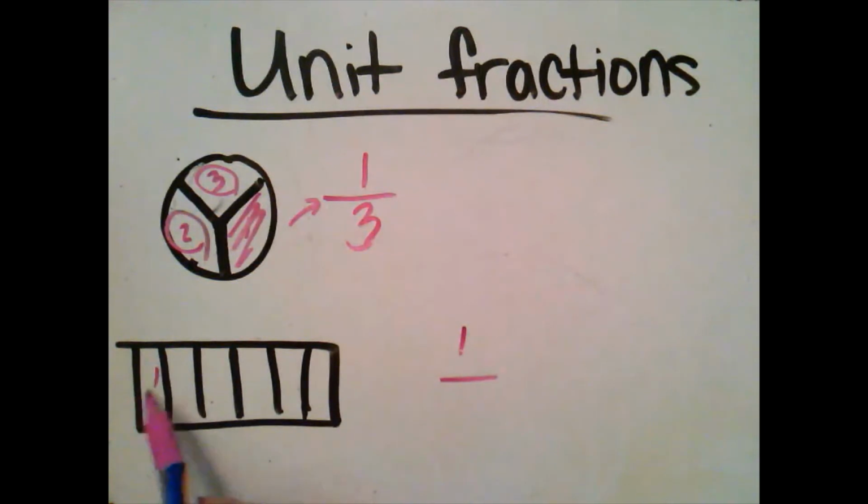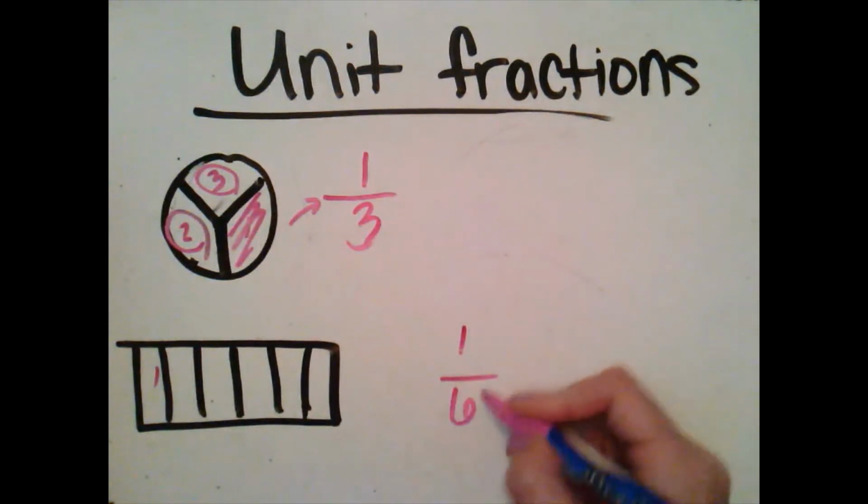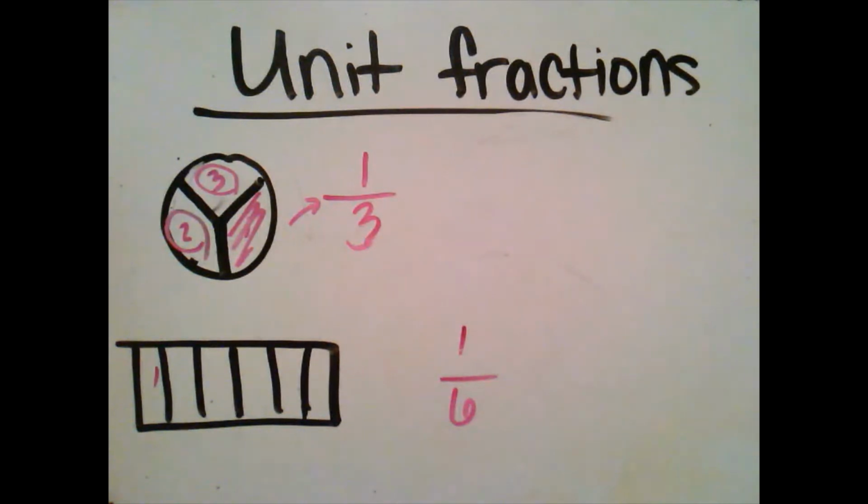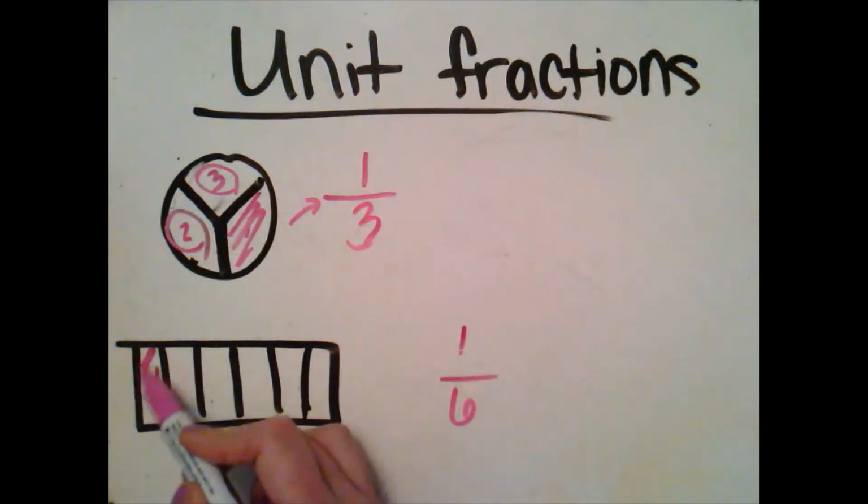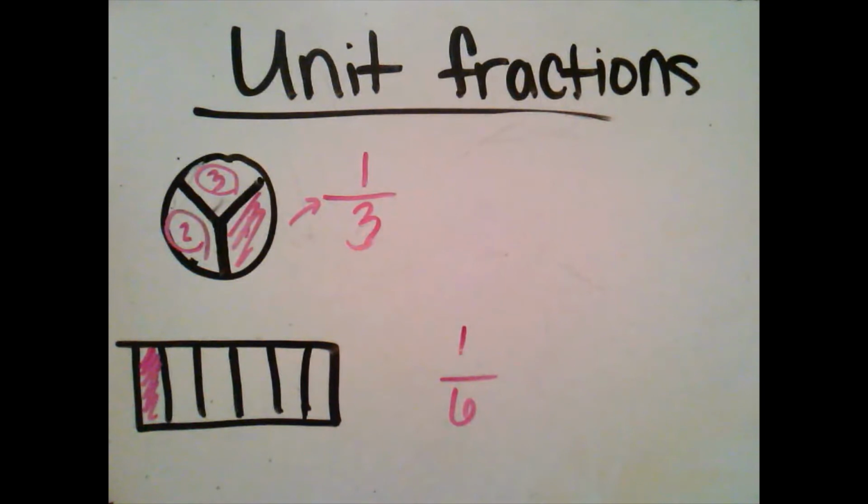So if I'm looking at one piece, my denominator is going to be the total amount of pieces it's broken into. And these are all equal, so I can make it into a fraction. 1, 2, 3, 4, 5, 6. So my unit fraction for this is 1/6 if I were to just look at what one of them would be.